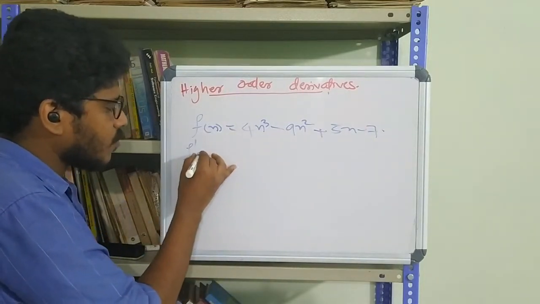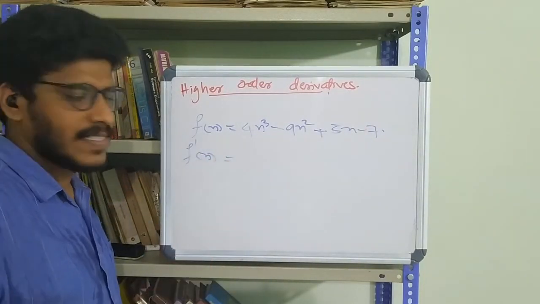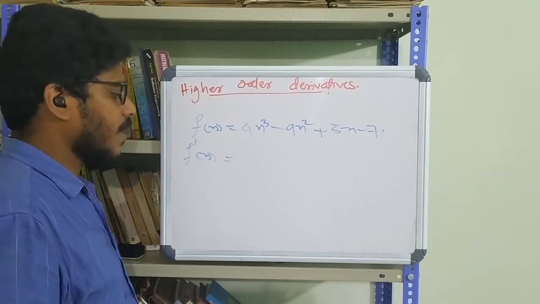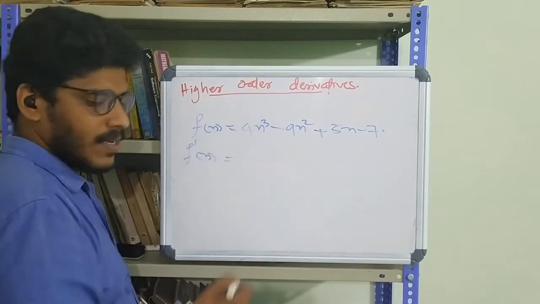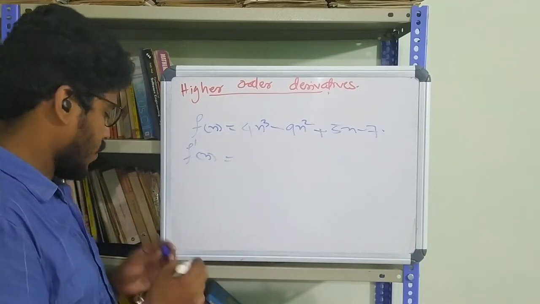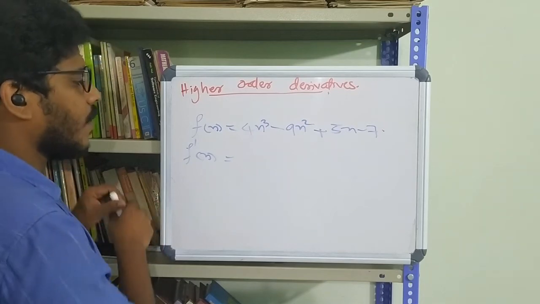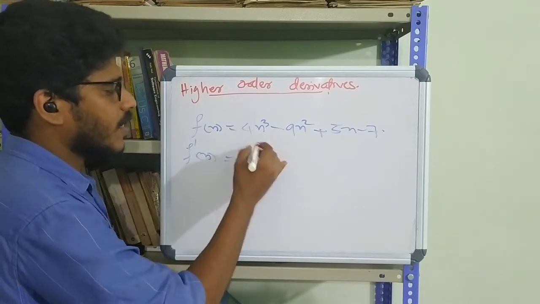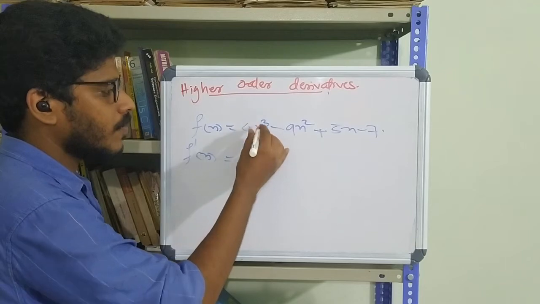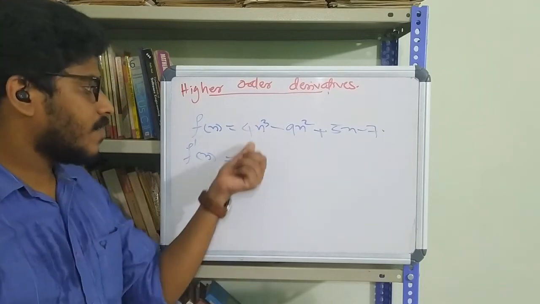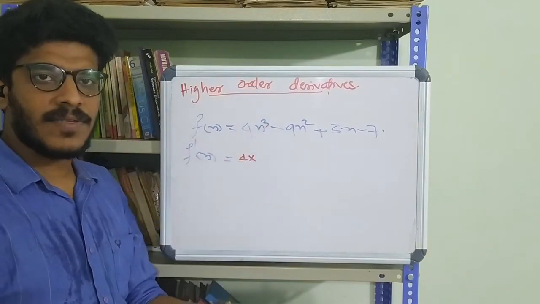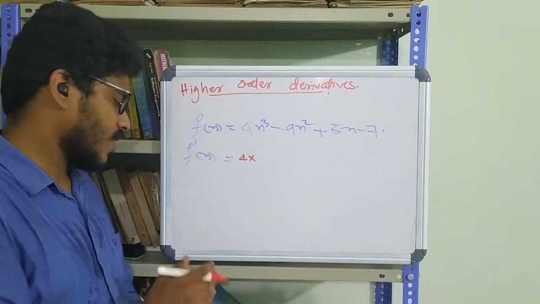So using the properties of derivative which we have seen, f dash of x is, what is the derivative of 4x cube? Derivative of 4x cube is 4 into, see, we have a form of x raised to n, so n into x raised to n minus 1.